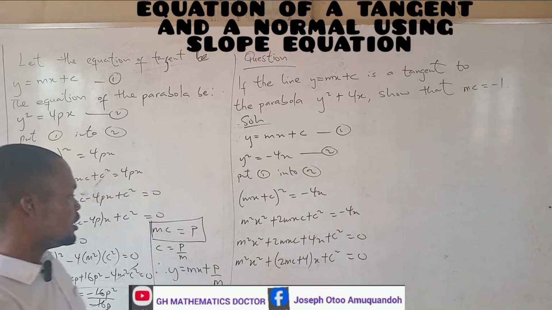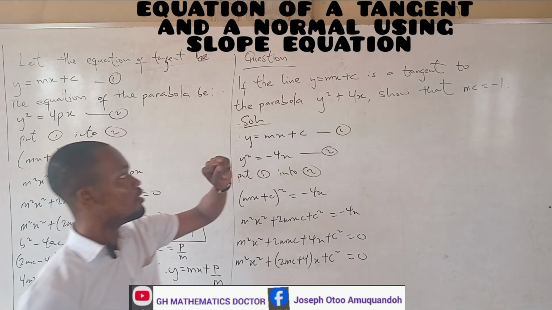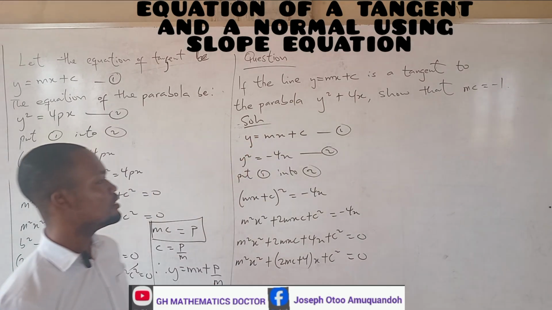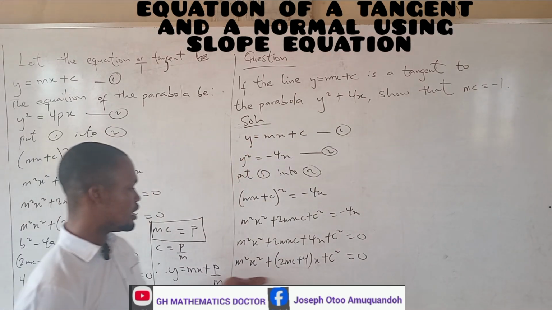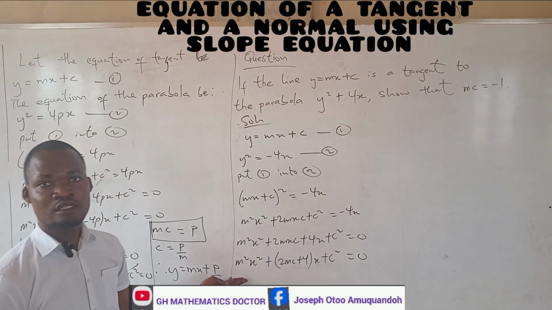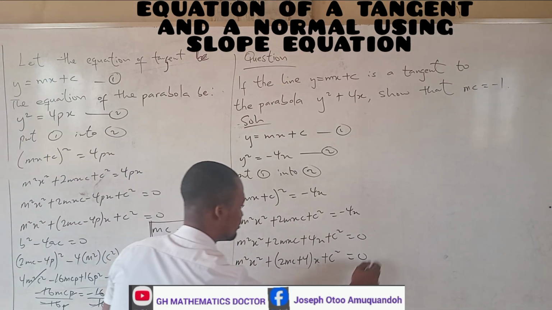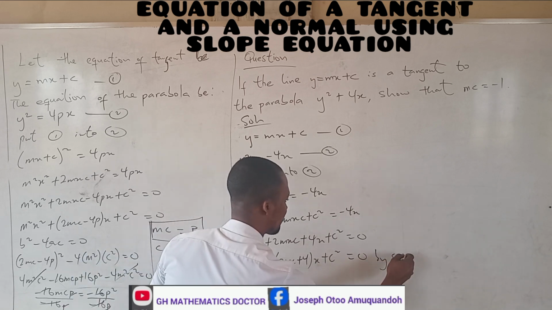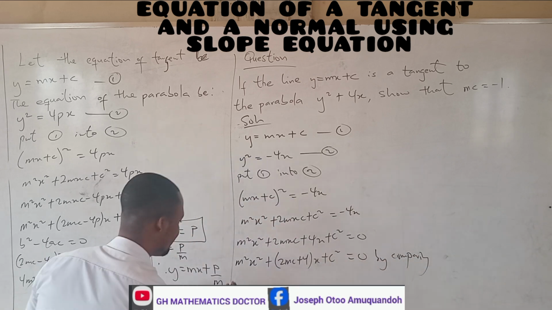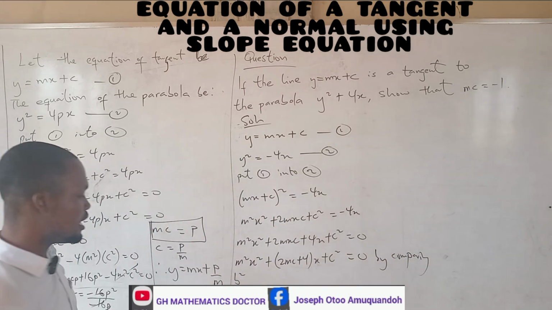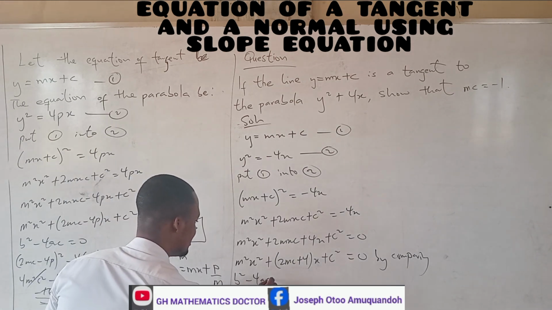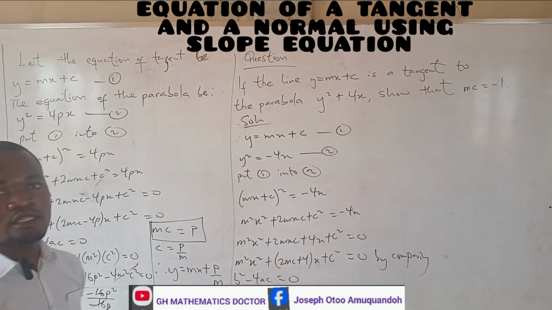All right, since this line is a tangent to the parabola, the quadratic equation formed here has equal roots. So we compare it by the discriminant b squared minus 4ac equal to 0, because it has equal roots.